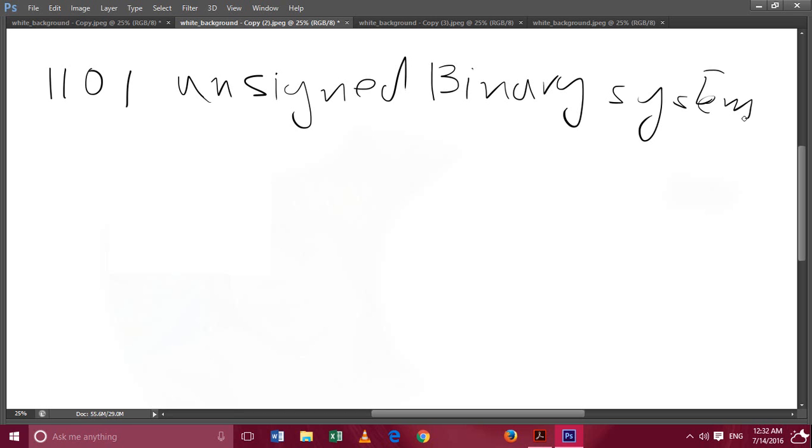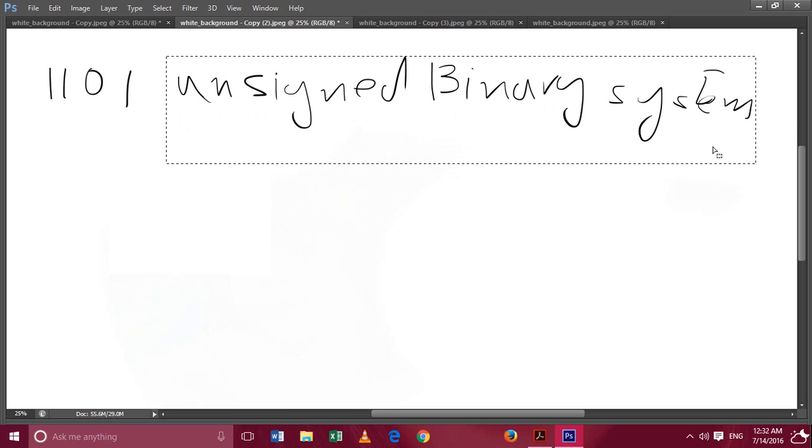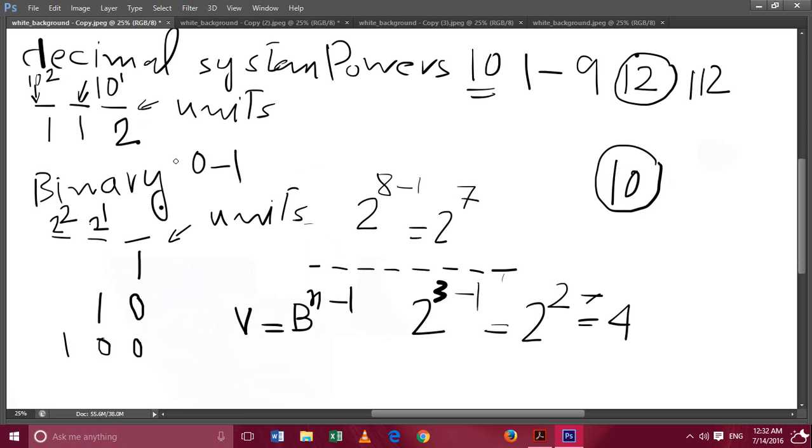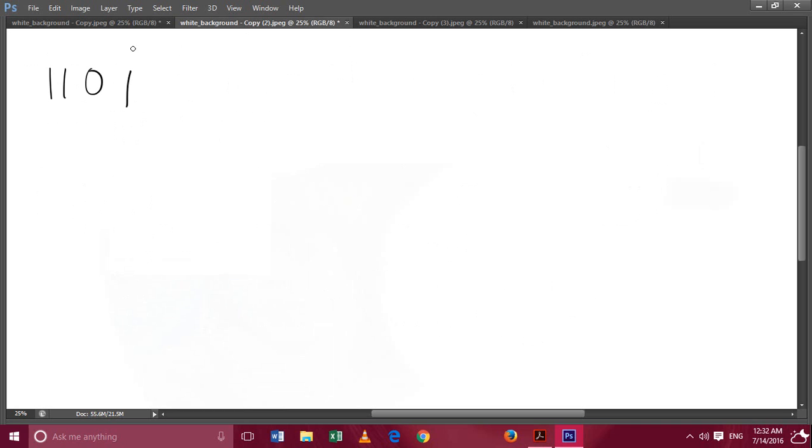Okay. So let's say that we want to convert this number to its decimal equivalent. What you do is you add up all the ones, now that you know the rank of its places. Let me remind you, each place is 2 raised to the power of the place minus 1. So this place value is 1, this place value is 2, this place value is 4, I'm sorry, this place value is 8.